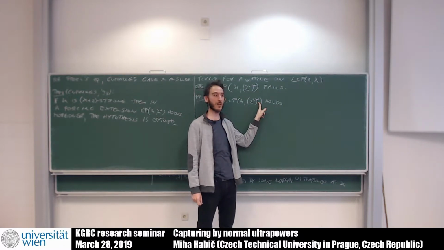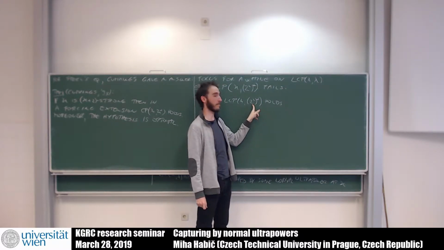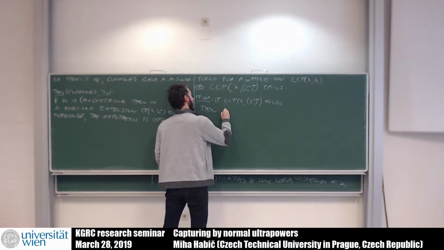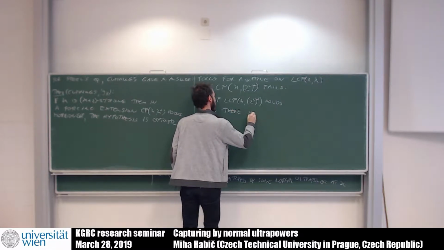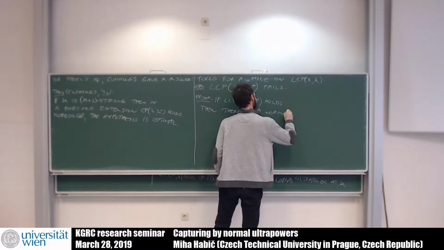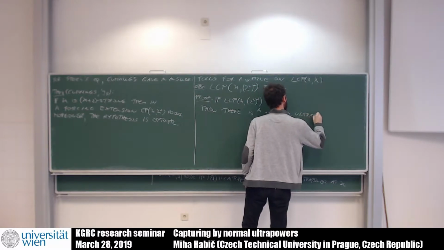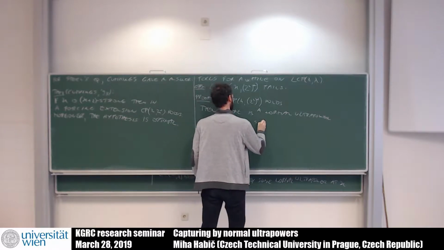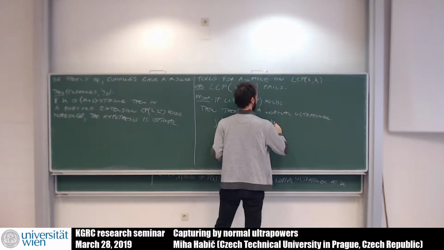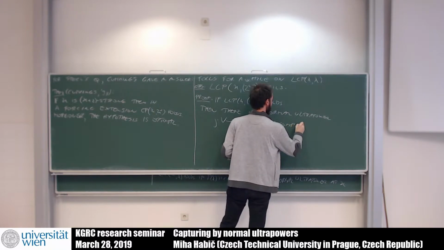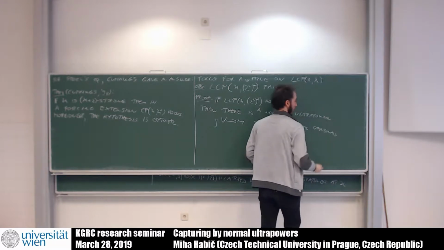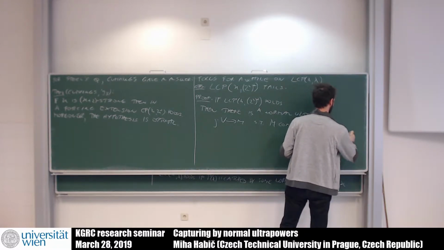Because I can throw in all of the witnesses that something below 2 to the kappa plus is not a cardinal. Okay, then there is a normal ultrapower, let's call it j from V to M, such that M computes cardinals up to and including 2 to the kappa plus correctly.